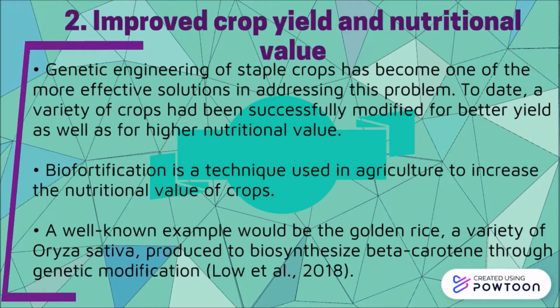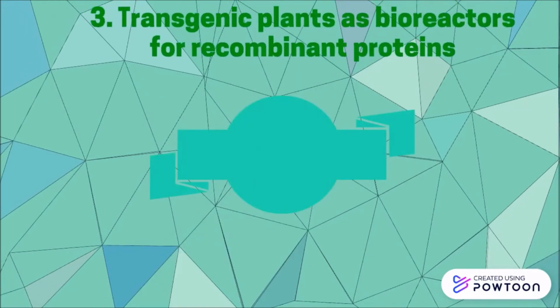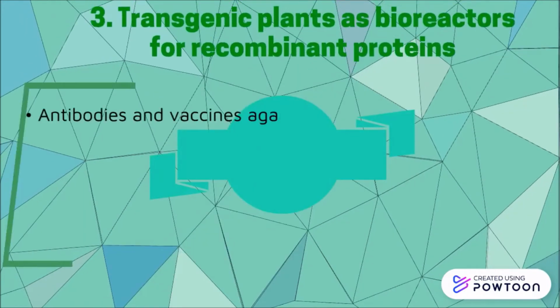The next application is to improve crop yield and nutritional value. Lastly, transgenic plants act as bioreactors for recombinant proteins.